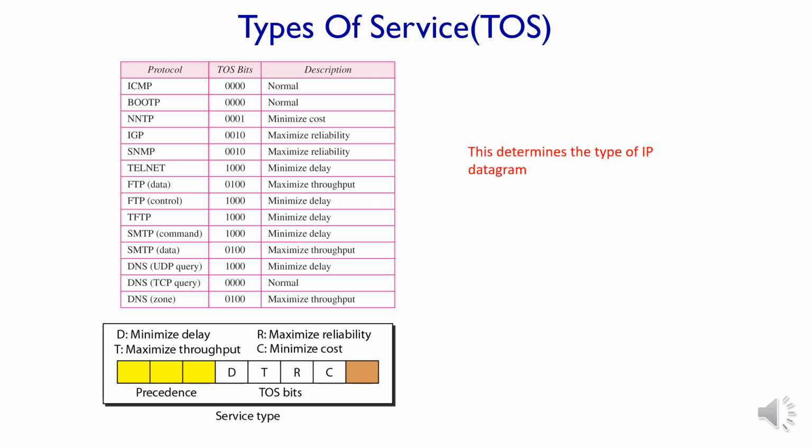The third field is TOS, type of service. Type of service determines the type of the IP datagram. For example, some datagrams particularly require low delay. Some require high throughput. Some require high reliability. And various datagrams are distinguished from one another.